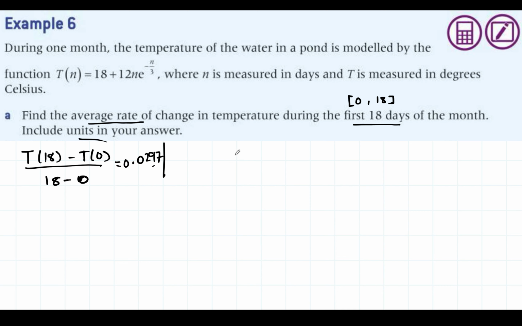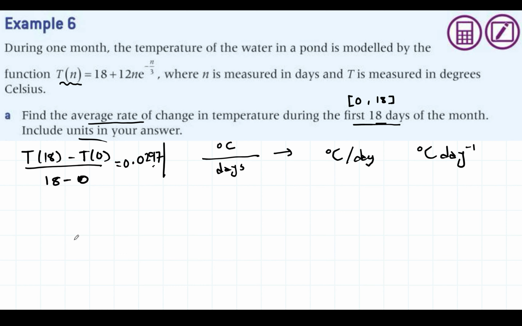Well, notice how the function in the numerator, we're looking at the output, and the output is degrees Celsius. And the denominator is the days. So the unit will end up being degrees per day, or if you want, degrees and then day to the power of -1. How do we do it by hand?